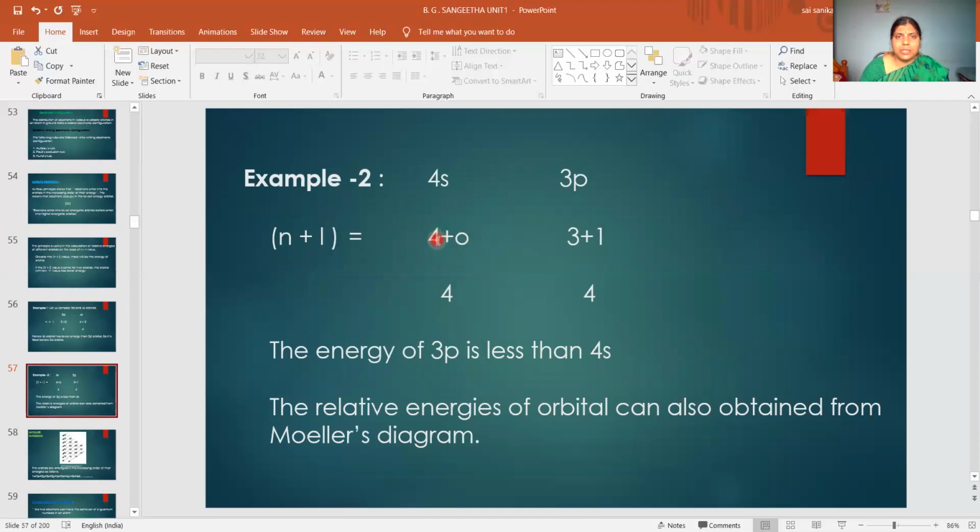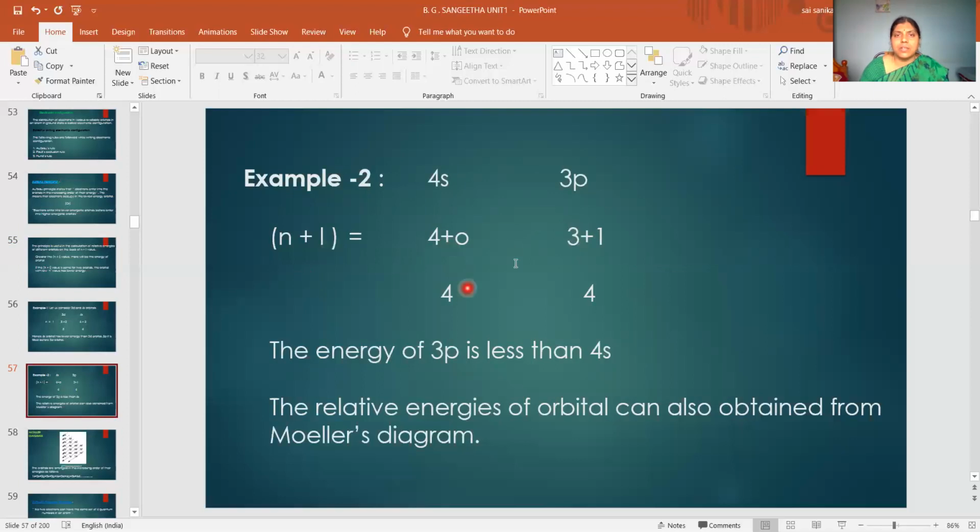Here n value is 4, and here n value is 3. Whichever orbital is having more n value will have more energy, and whichever is having less n value will have less energy.